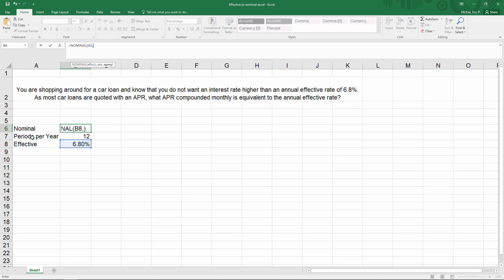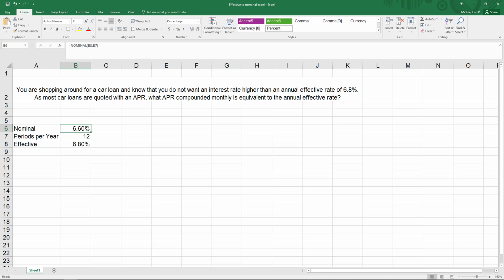And for number of periods, I need to do B7. And as you can see, I still get the same exact 6.6%. And now I can change the type of APR I'm looking for by changing the number of periods per year. Or if I have a different annual effective rate, I can change this and my answer will immediately update.